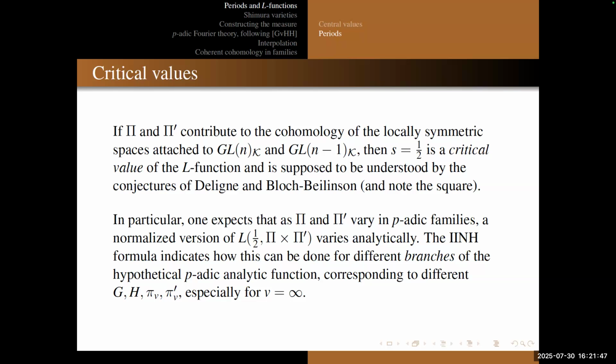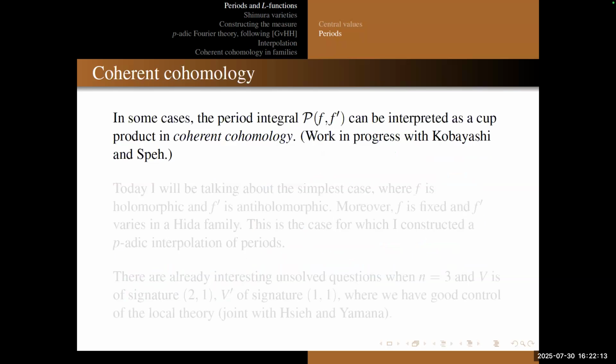What are the signatures and what are the particular representations in the L-packet? I'm only going to be working, in this talk, with one particular branch, and the reason for that is that this is the only one that has been studied. But as I say, it's a vast field that remains to be developed.